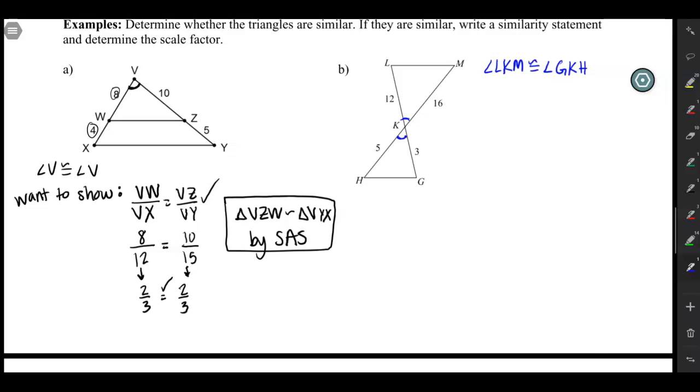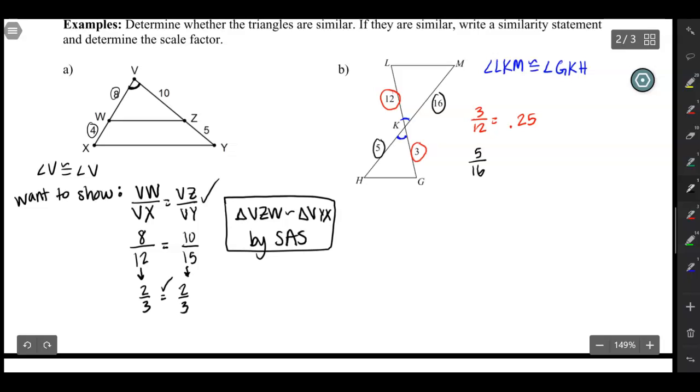I'm going to set up some ratios of corresponding sides. So I know that the 3 and the 12 correspond to each other because they're both the smaller side length in their respective triangles. So one of my ratios will be 3 over 12. Let's turn this into a decimal, which is 0.25. Then I know that the 5 and the 16 are going to go together because they are the longer sides of their triangles.